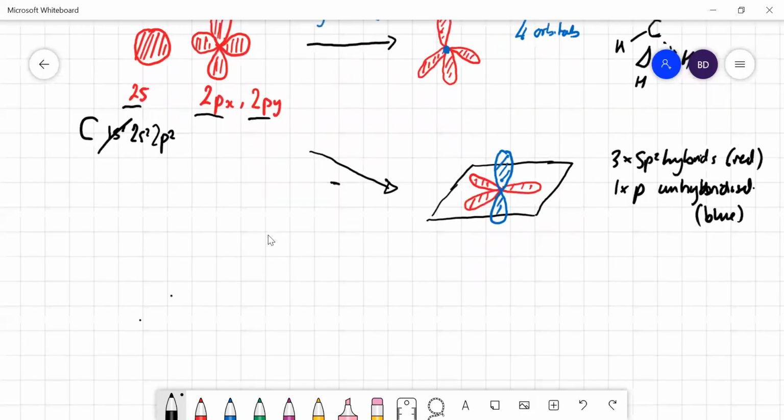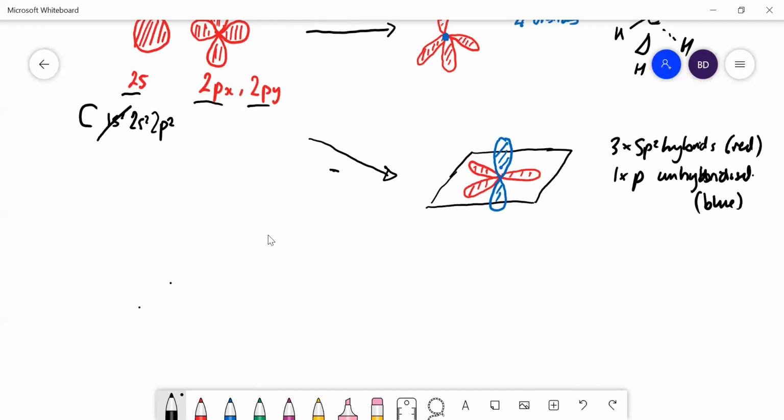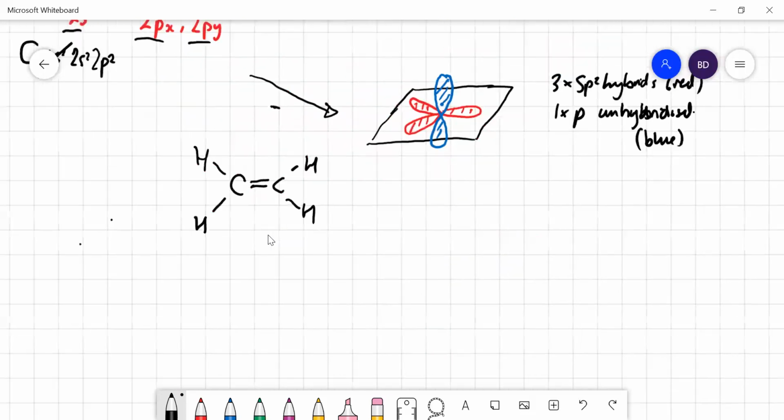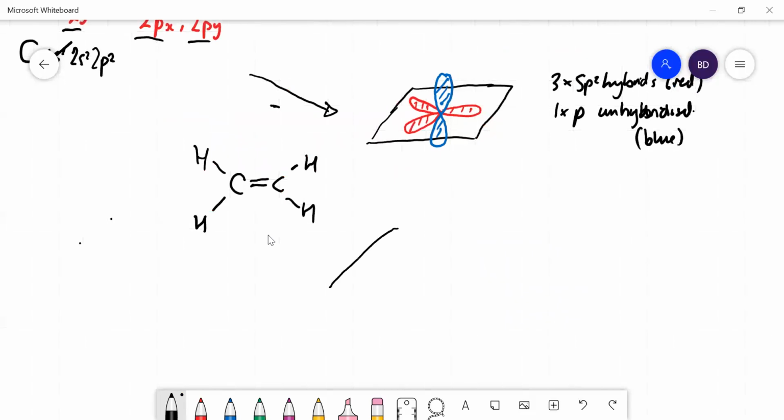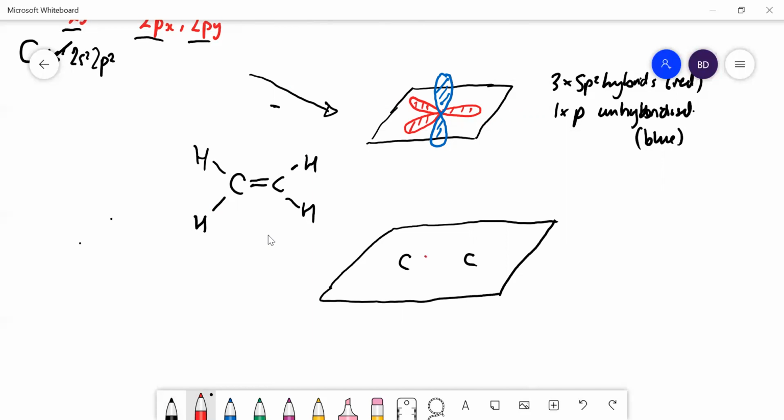So let's have a think about ethene, for example. We should be fairly familiar with the shape of ethene, so I'm going to draw it. We know it's a flat structure. The hybridized orbitals, which I've drawn in red, form the sigma bonds. Each carbon's got 3 of those, forming the sigma bonds to the hydrogens.